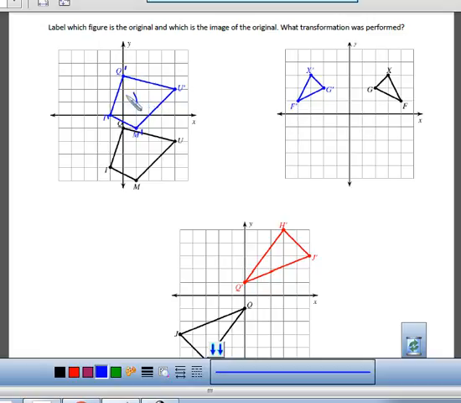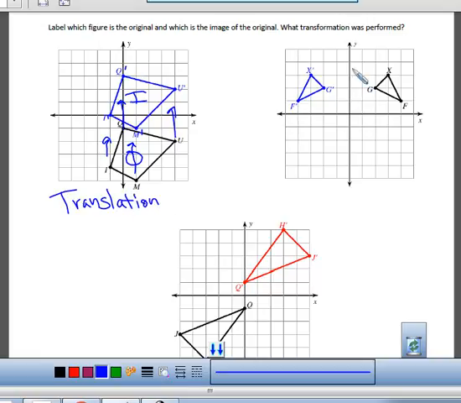So this is the image and this is the original. And to go from the original to the image, this is a slide. All I'm doing is moving all these corresponding points up a certain number of spaces, and we'll talk about that later. So this is a translation.